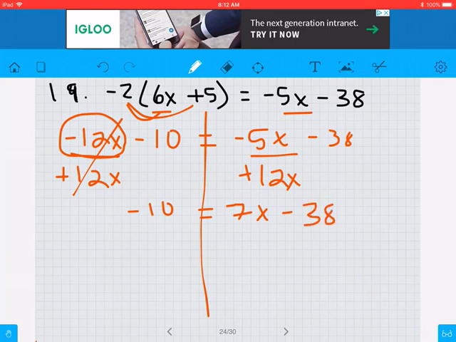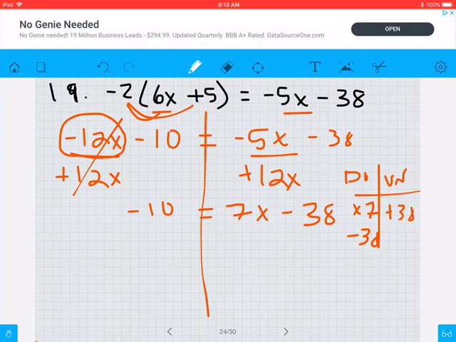Now I'm ready for my do and undo chart. I am multiplying by 7 and then subtracting 38. So I need to undo: add 38 and divide by 7.